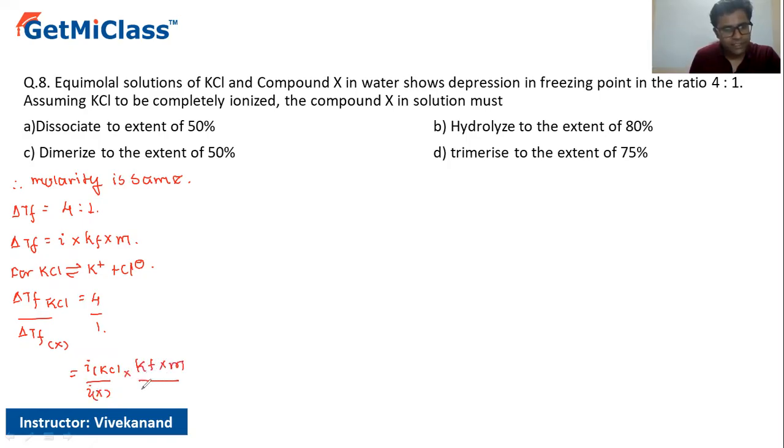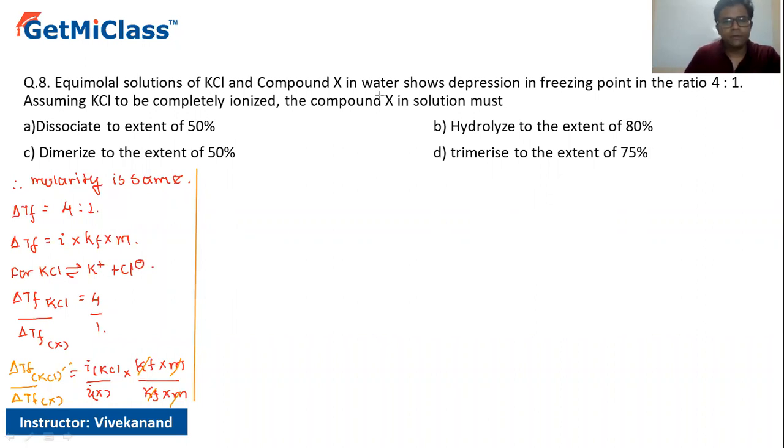As the molarities are the same, these particular terms get cancelled. What remains is only ΔTf of KCl divided by ΔTf of compound X. This is the generalization we are going to have here.